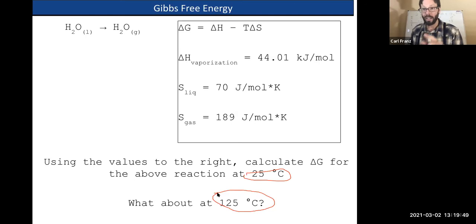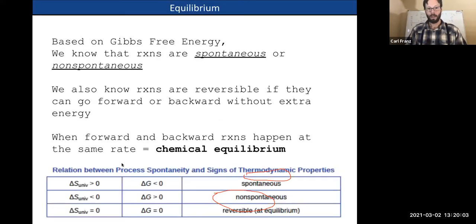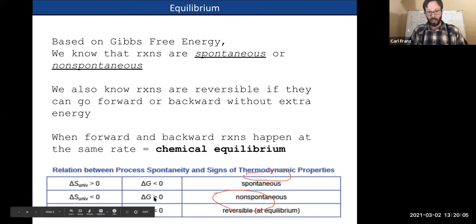And when I calculated the free energy for room temperature, it was positive, which it should be, because if we look back at our little chart here, right? When delta G is greater than 0, it's non-spontaneous.